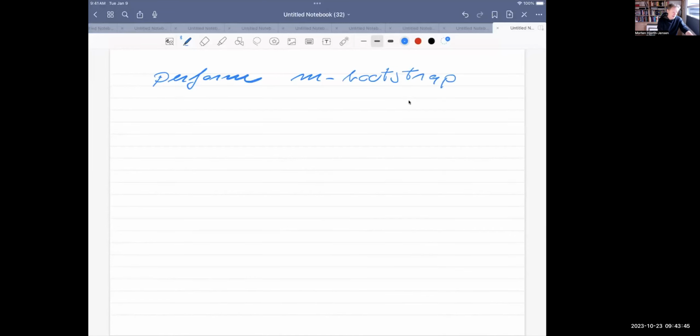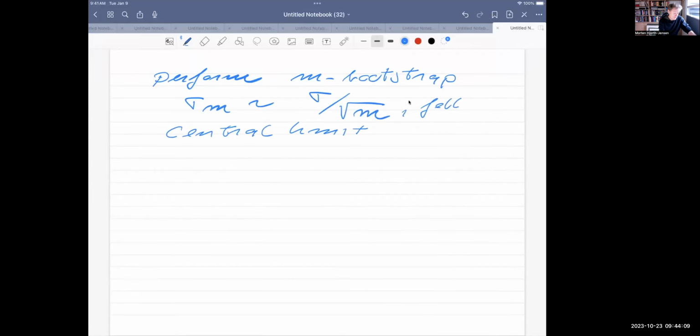And then I know that the standard deviation, this sigma of m here, is going to be proportional to the original one divided by the square root of m. Okay, so this is nothing but what we call the central limit theorem. This follows from the central limit theorem.